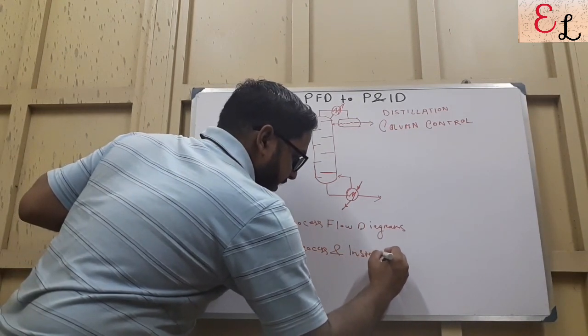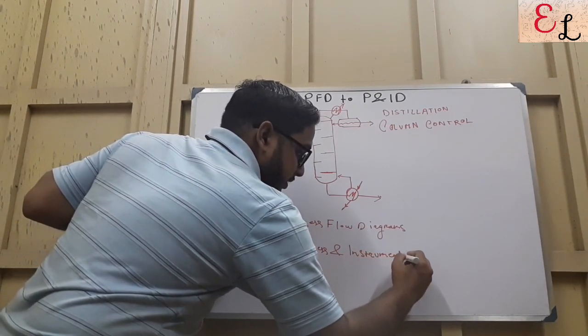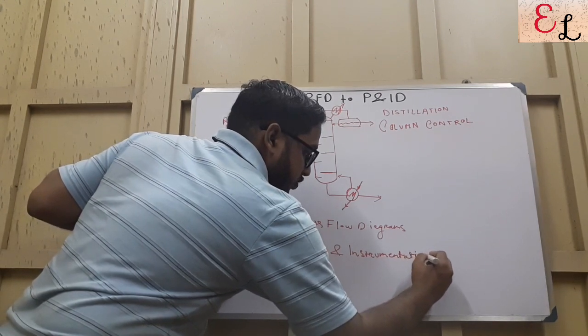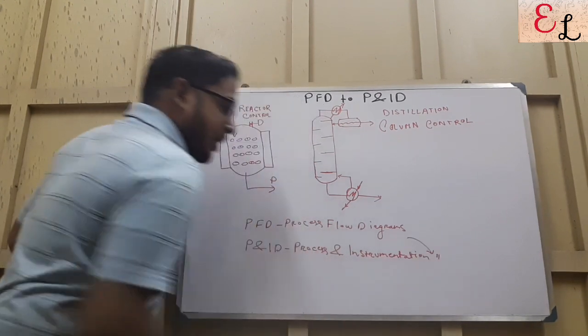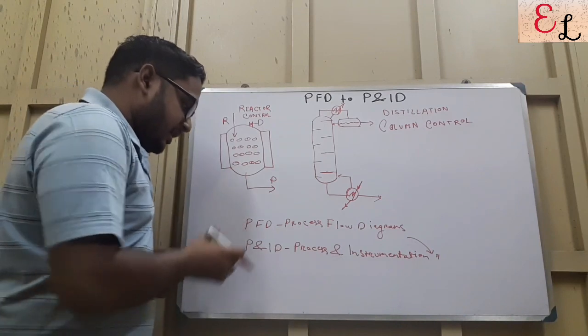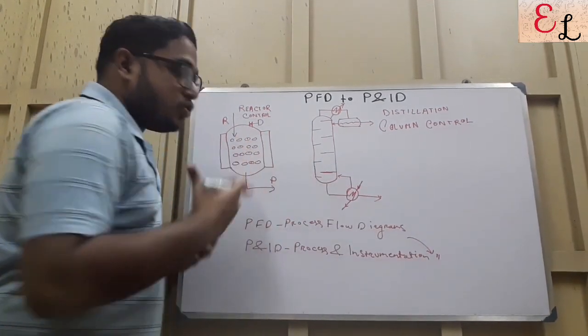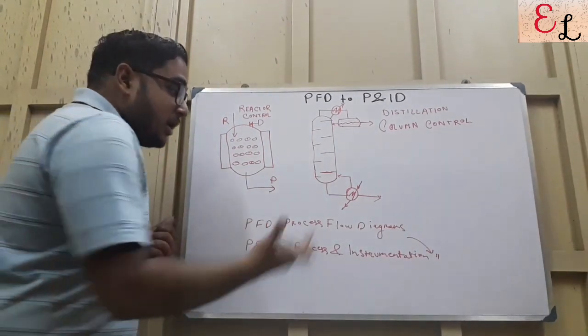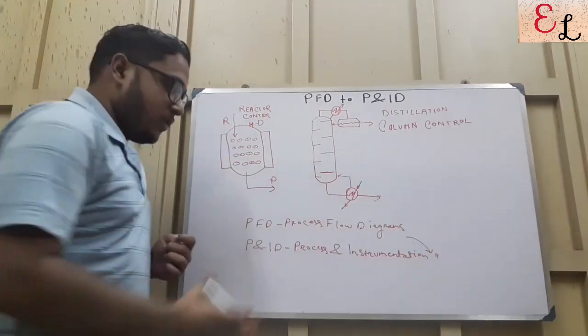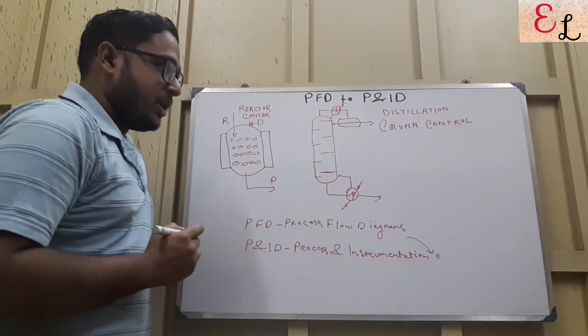As the name suggests, this P&ID consists of certain instrumentation terms, that is, the control elements have to be looked after whenever you are drawing a process and instrumentation diagram.